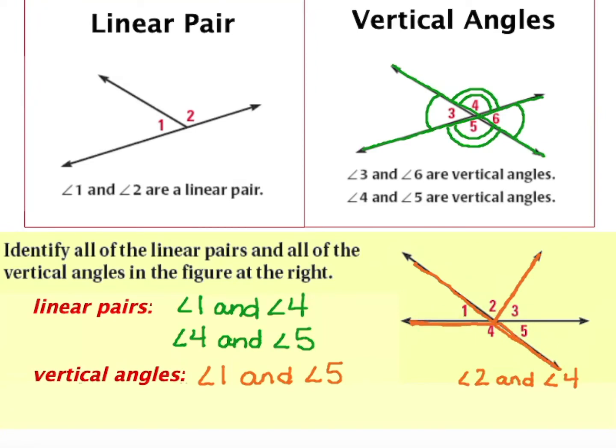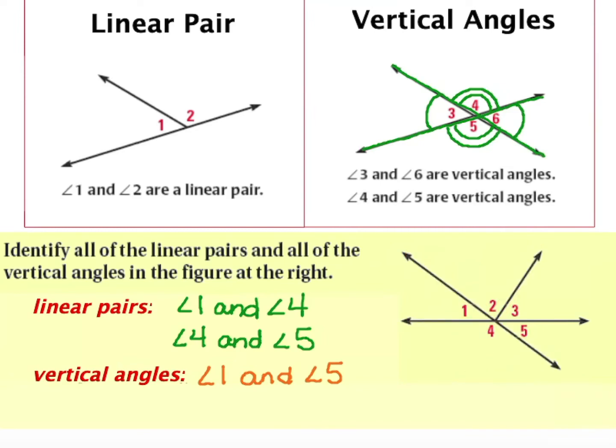I don't think that that's making a very good X. Makes more like an upside down peace sign or a chicken foot or something. So I wouldn't consider that an actual X shape. So that's the reason that 2 and 4 would not be considered vertical angles.